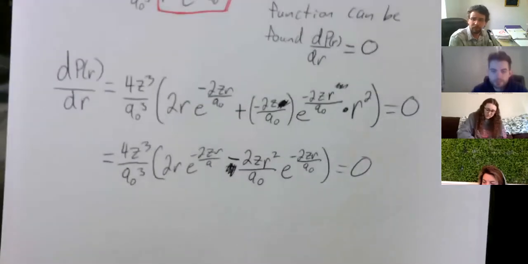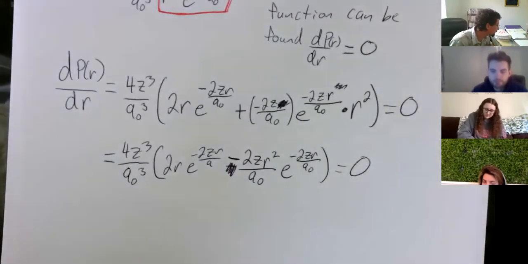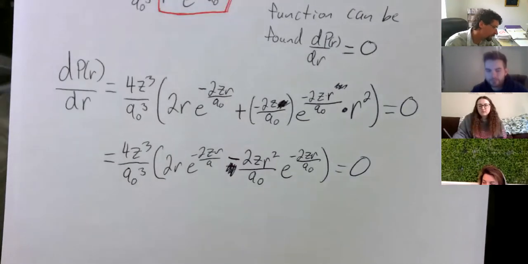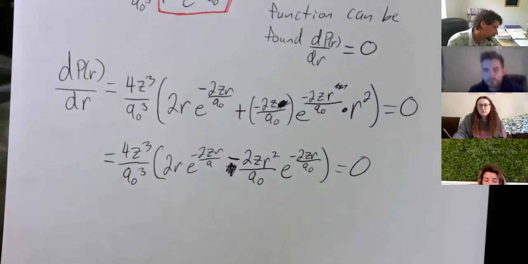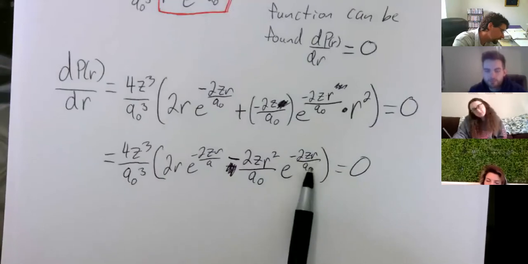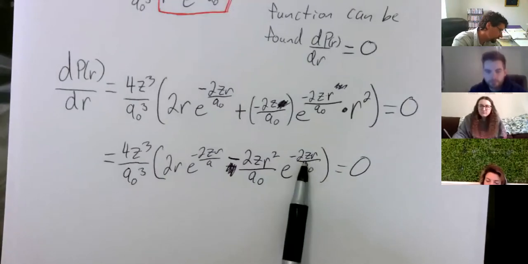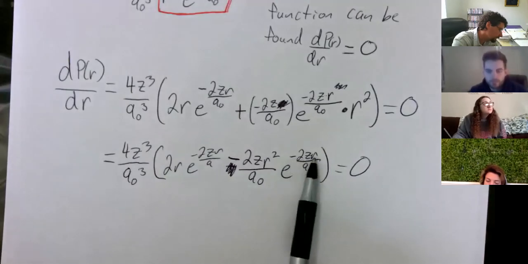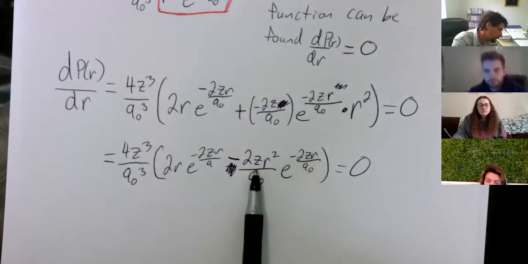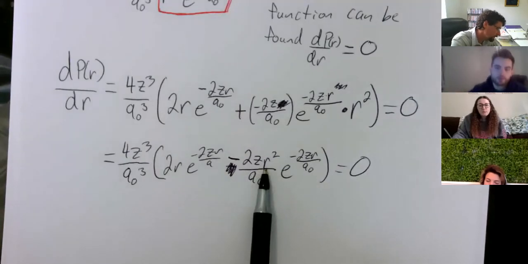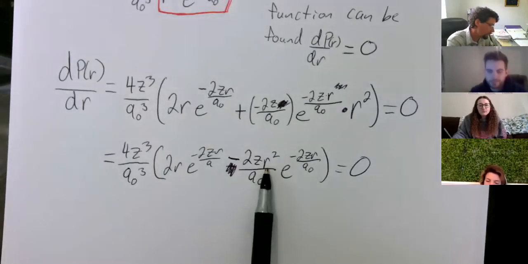Oh, wait a second. No, isn't that thing squared? Because technically you'd have to take the derivative and then multiply by the original function, and then take the derivative of the original function as a whole. So technically you would end up with that e. Or am I just forgetting how to do this?